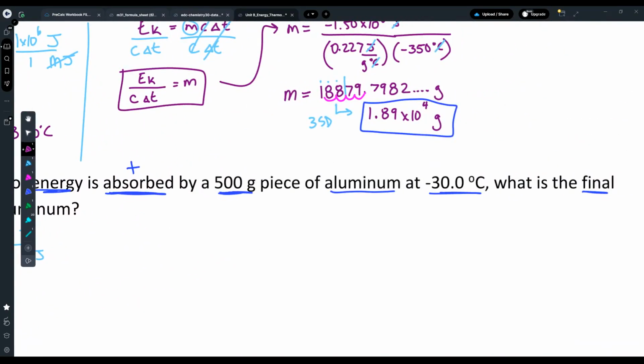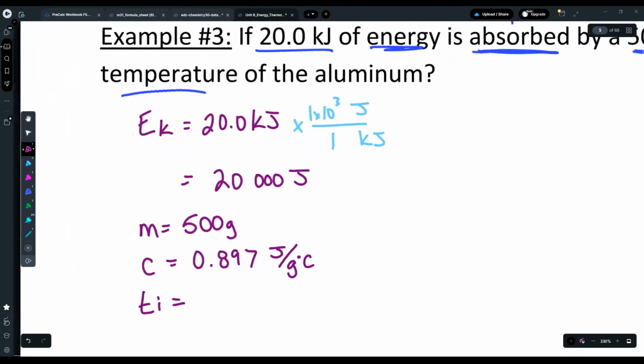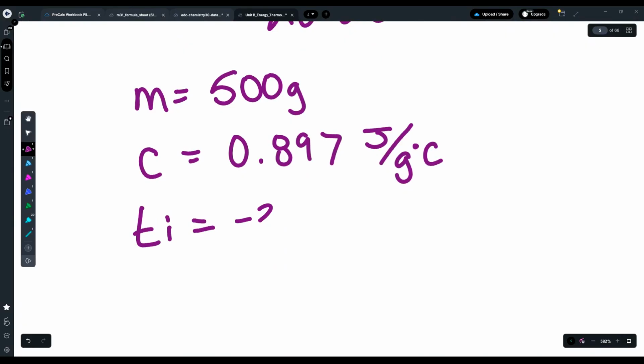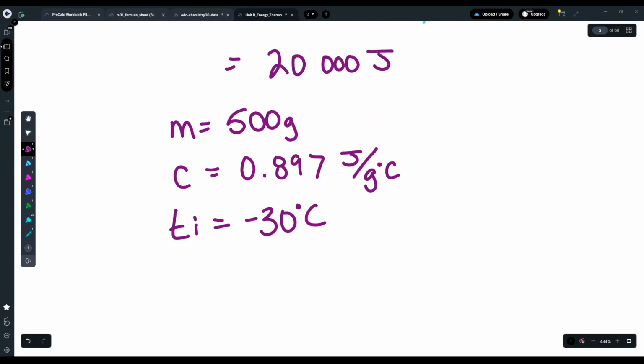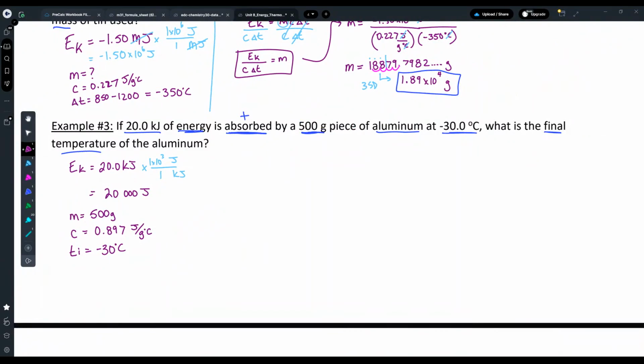That was 30 degrees. Or sorry, negative 30 degrees. Okay, how do we know that's our initial temperature? Well, they asked for the final temperature, so that's why it has to be the initial temperature. Okay. So we got our givens figured out.